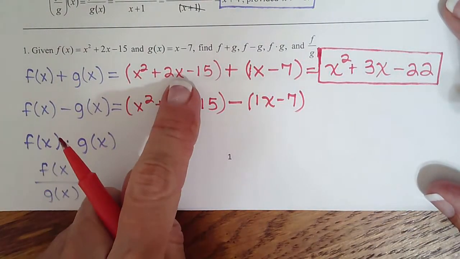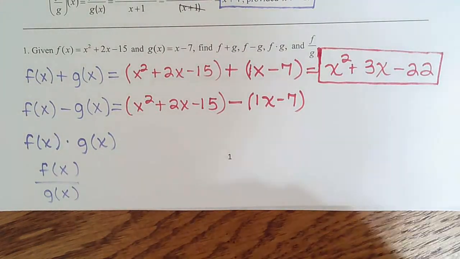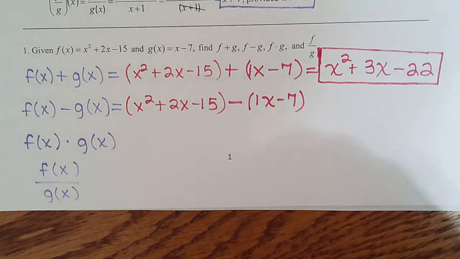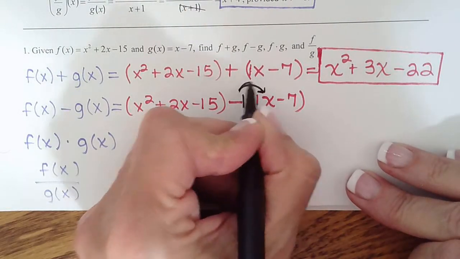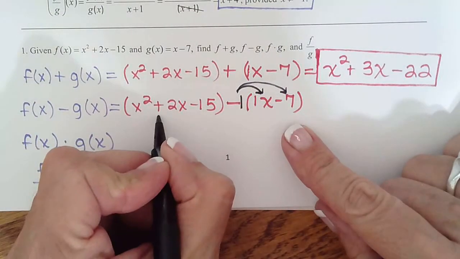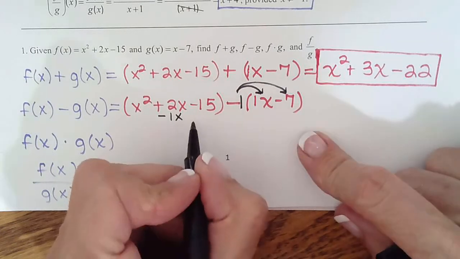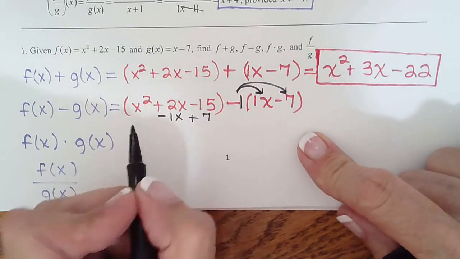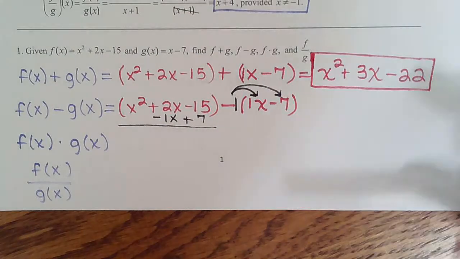So we wrote the first function, wrote the second, did the same thing this time with a minus. But remember, this has to be distributed. So tucked underneath, I would write negative 1x here and positive 7 here, so that when I'm adding them, I'll have the like terms all lined up and ready right there.